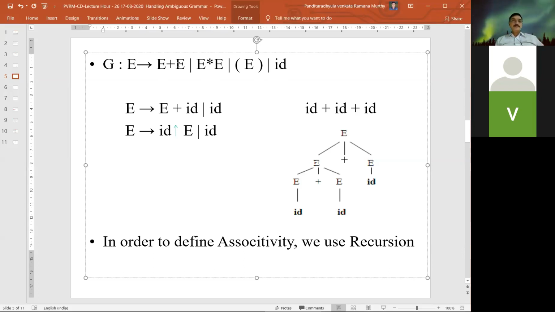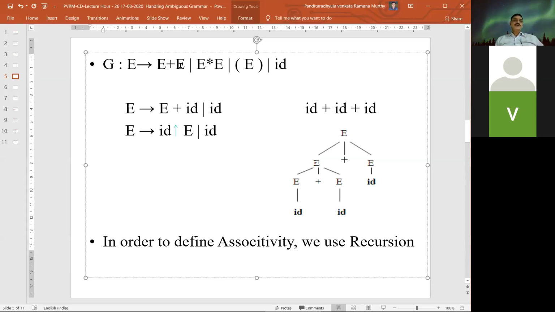If you replace this E with some other thing, the E can always go using the first E only. As there is no E on the right hand side, the grammar can't go to the right hand side. The grammar must go from the left hand side only.